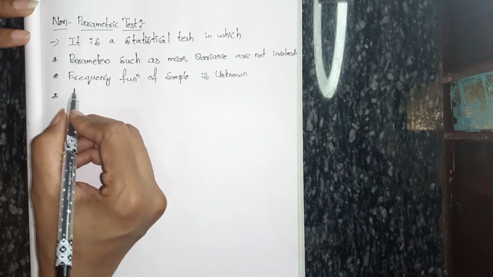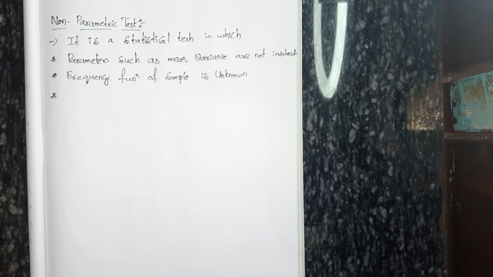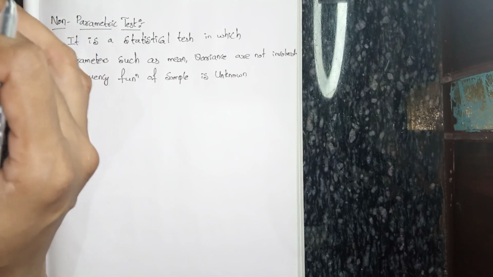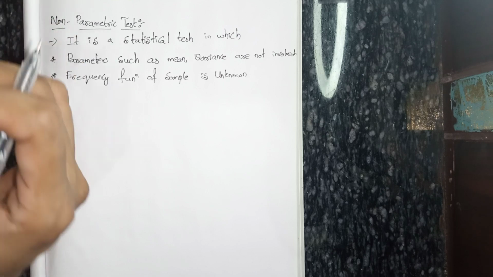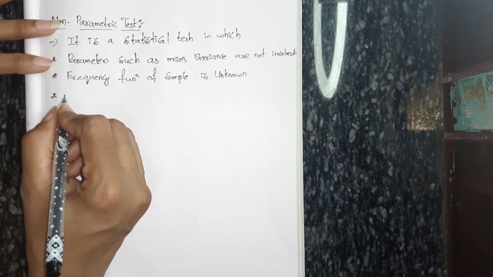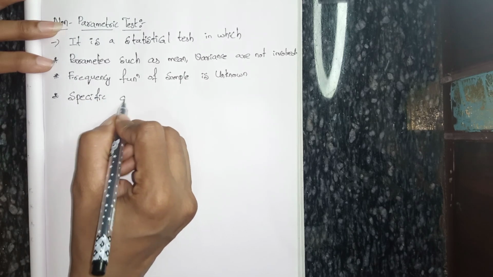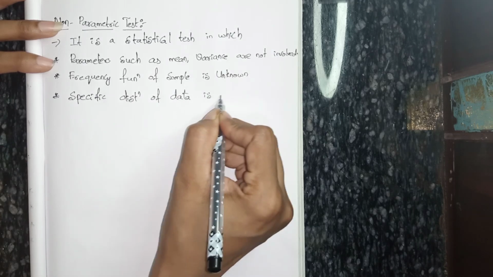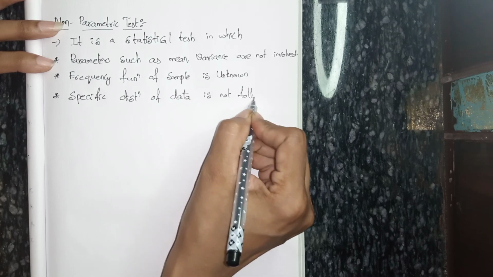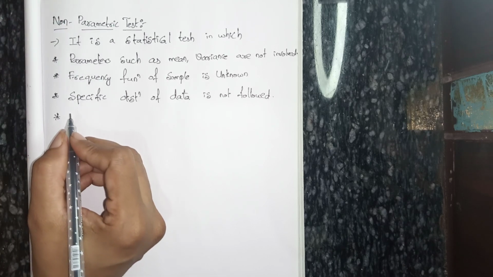The next point is that a specific distribution is not followed here. Why? Because mean and variance are not involved. If mean and variance are involved, we can say that the normal distribution is followed. But here they are not involved, so we say that no specific distribution is followed. A specific distribution of data is not followed.